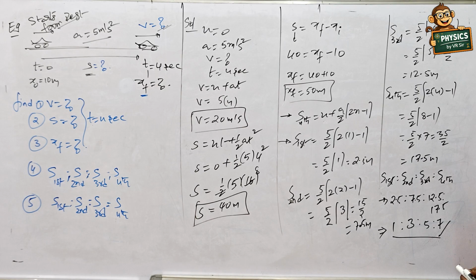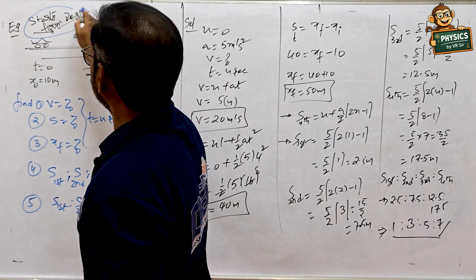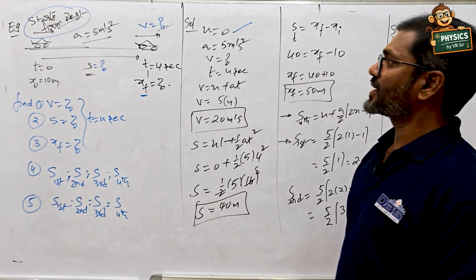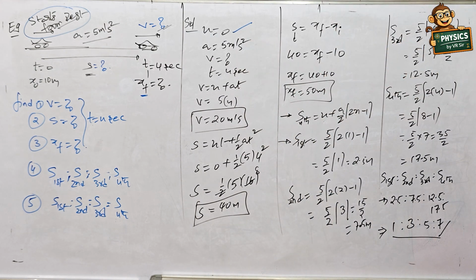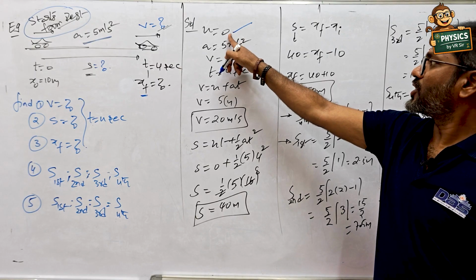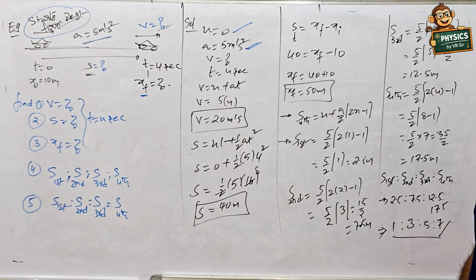When it is valid, there must be two conditions to validate this. Condition number 1, the initial velocity must be 0. And condition number 2, acceleration should be constant. If initial velocity is equivalent to 0 and acceleration is constant, then how do you write it?